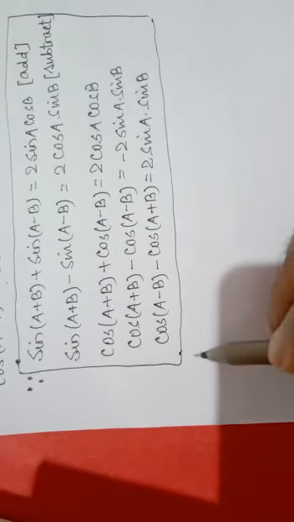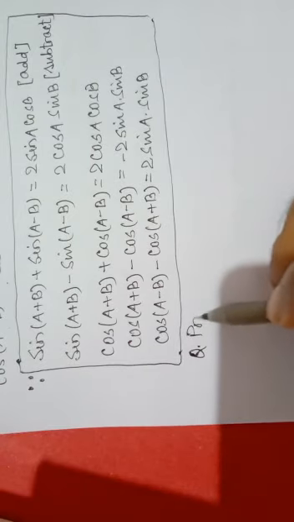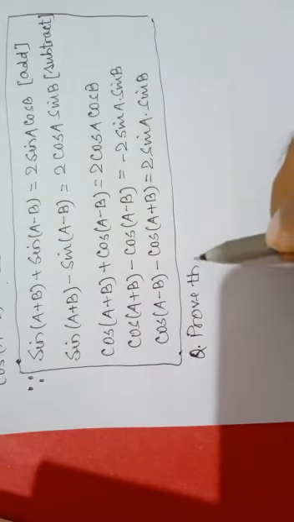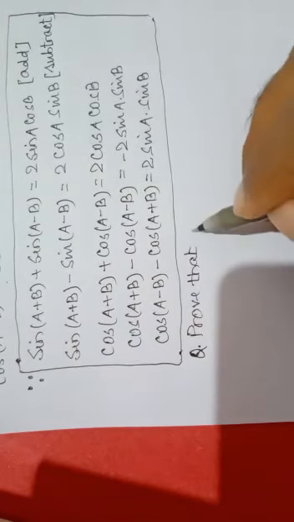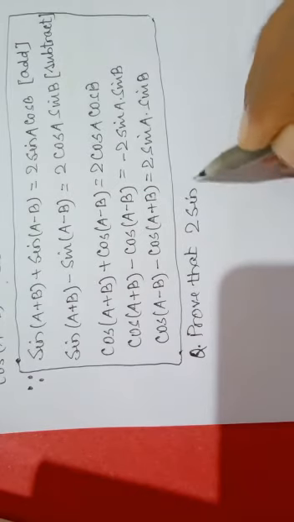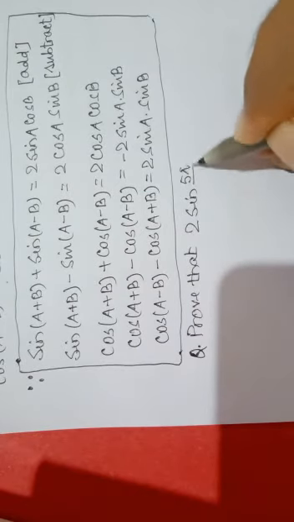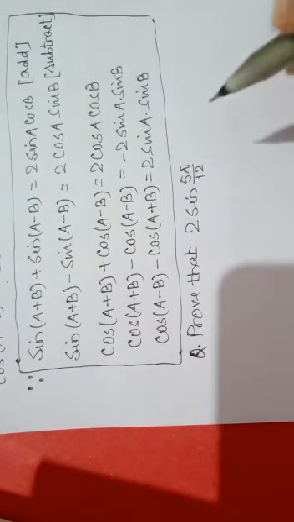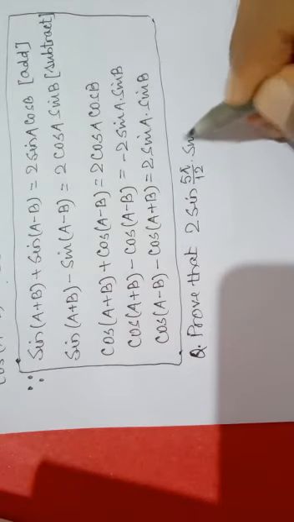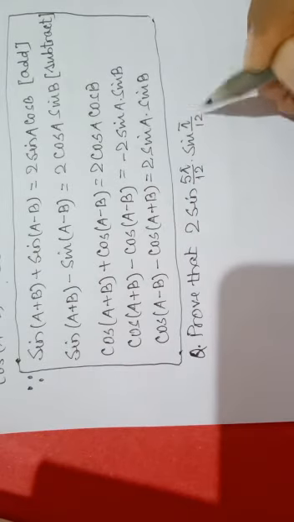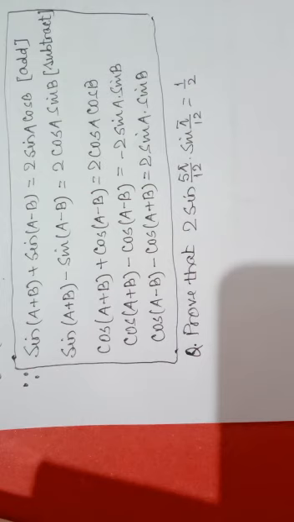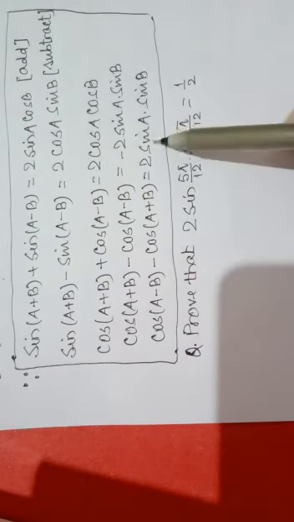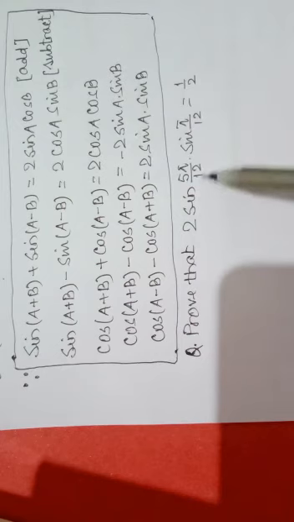Now write down the question. Prove that 2 sin 5π/12 into sin π/12 is equal to 1/2. Now compare which formula is applicable. See the last one, 2 sin A into sin B. This is according to that formula.